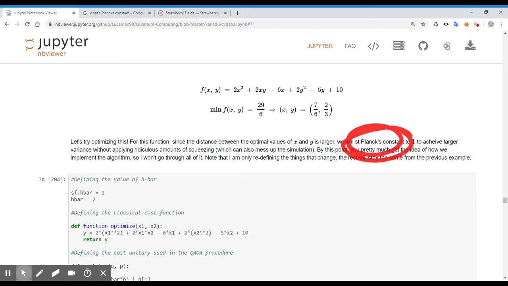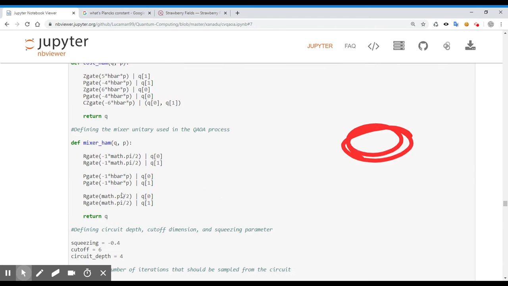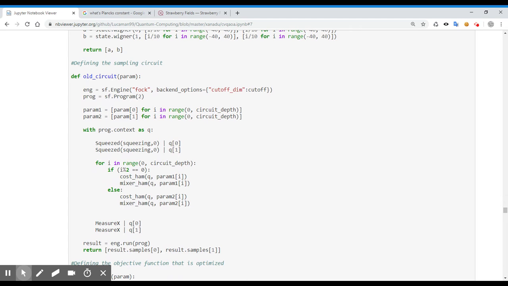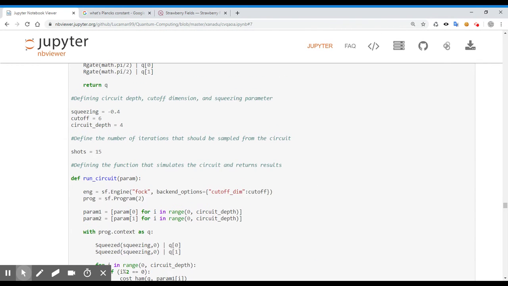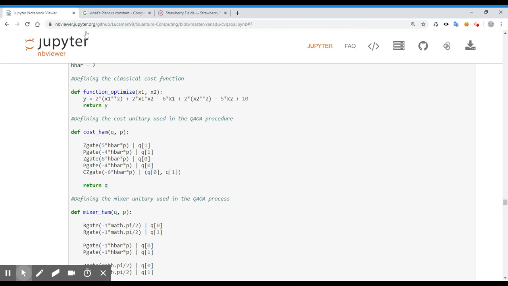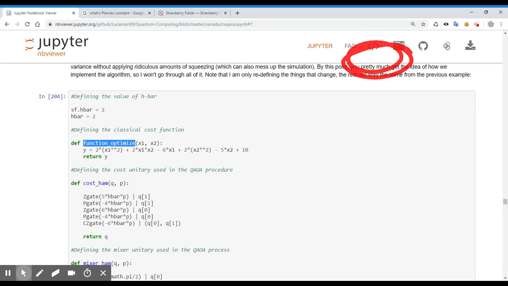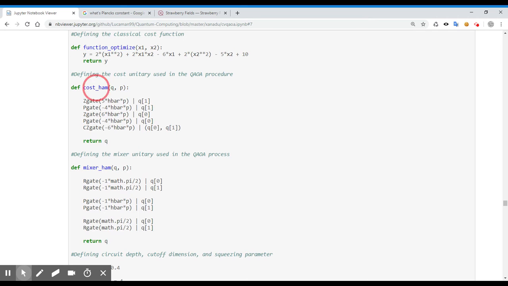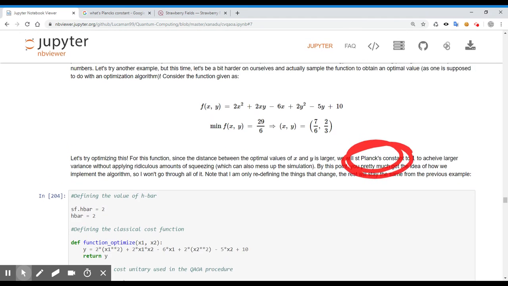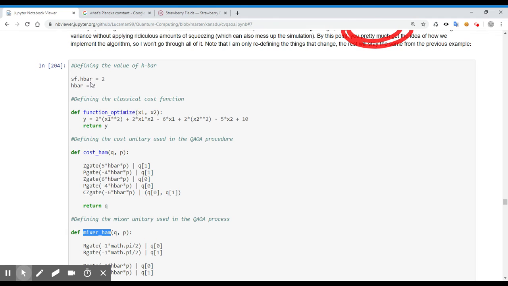By this point, you pretty much get the idea. Yeah, okay, so we went through all that. So he's just changing the function here, optimize, and then the cost Hamiltonian is the same, the mixer Hamiltonian is the same. H bar has changed though, right? H bar is 2.